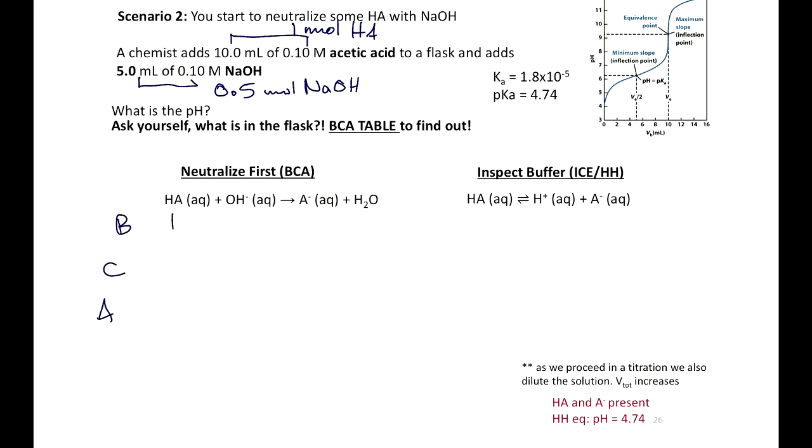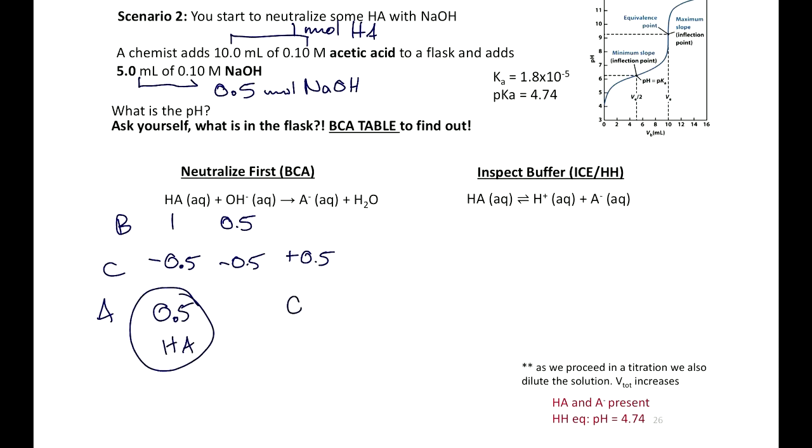We still started with 1 millimole of HA, but now it's 0.5 for hydroxide. So minus 0.5, plus 0.5, because all the hydroxide is reacting. I hope you're seeing the pattern with the BCA table. And then afterwards we have 0.5 millimoles of HA, and 0.5 millimoles of A minus.